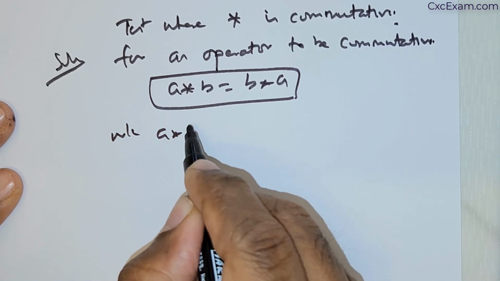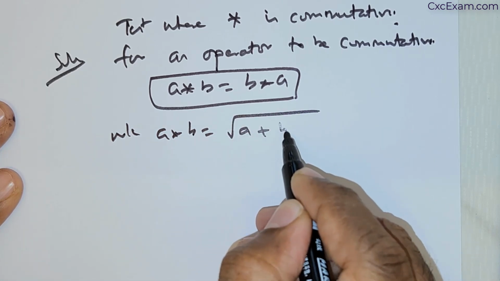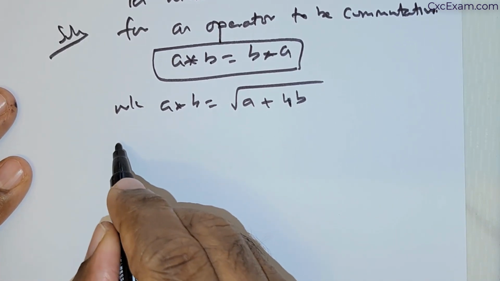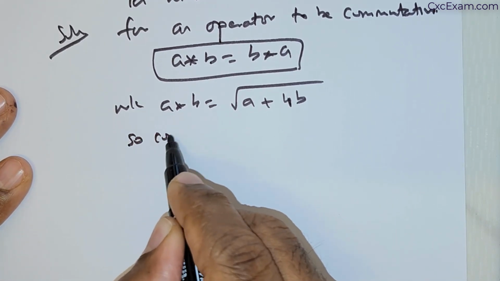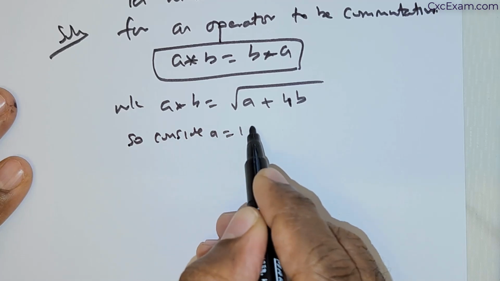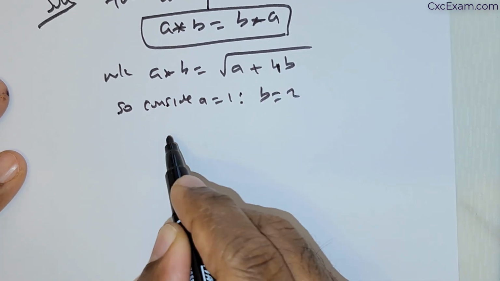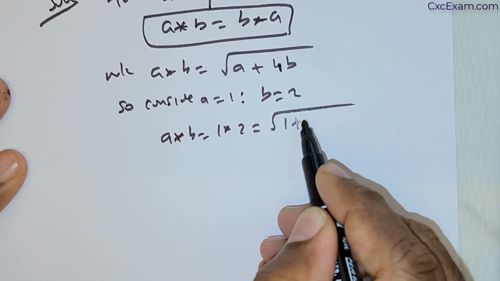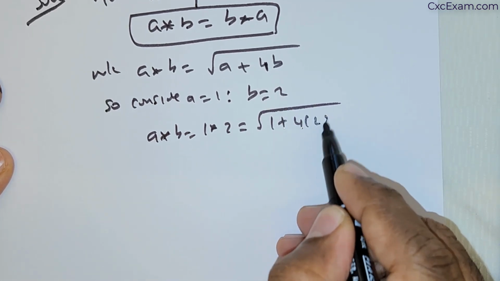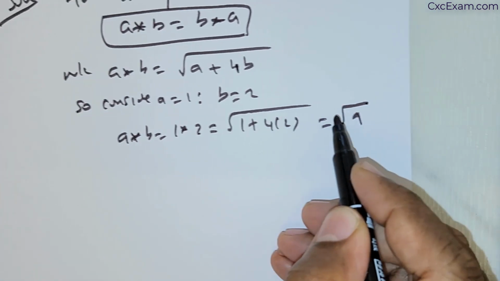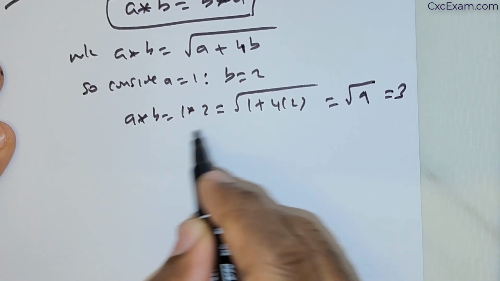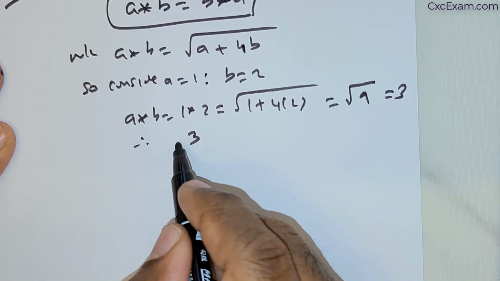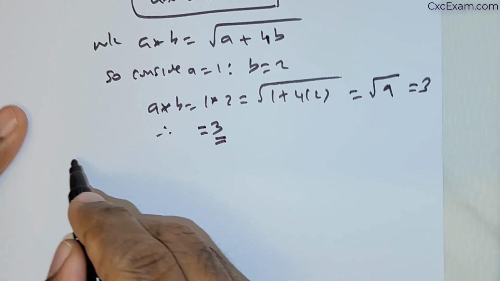Now we know that a star b is equal to root of a positive 4b. So consider a is equal to 1 and b is equal to 2. So a star b is going to be 1 star 2, which is equal to root of 1 positive 4 times 2, which is going to give me 9, which is going to give me 3. So in this case the value of a star b is 3.